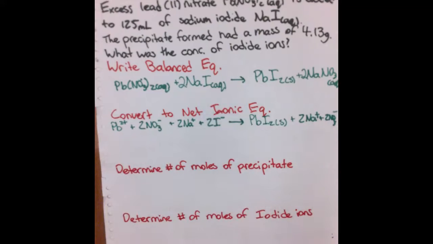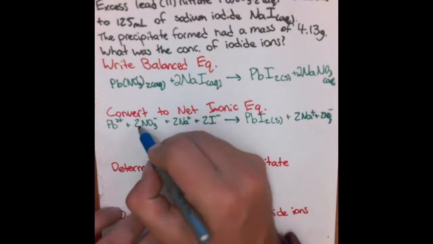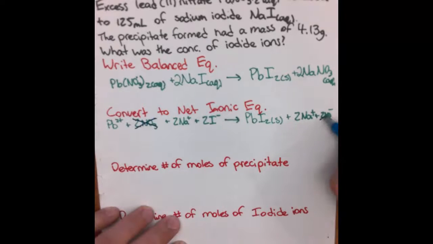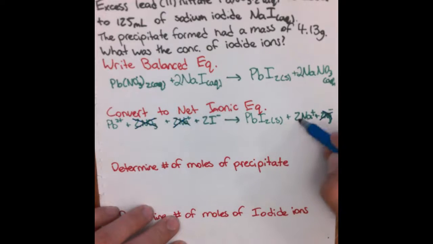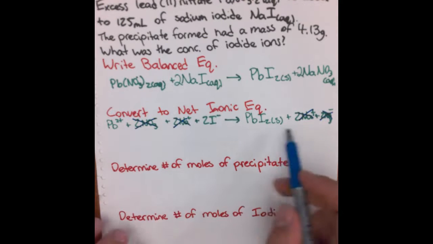So once we have this, then it's really easy to get into our net ionic equation. We're just going to cancel our spectator ions, or the things that are on both sides. So I'm going to take my NO3 here, because I see it on this side as well. Cancel that, cancel that. Also my 2 Na plus, I have 1 on each side. I'm going to cancel that. And now we're going to see that everything lines up.